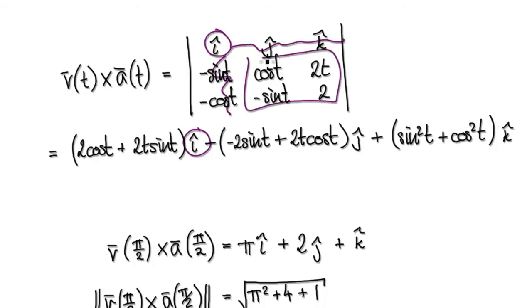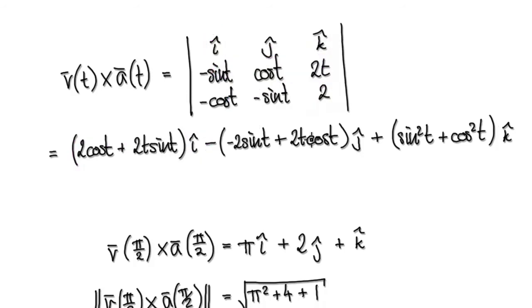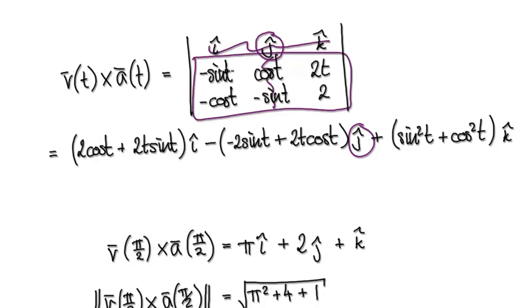Now just looking at these four, it would be this times this, and then take away this times this, but there's a negative here, so it's going to become a positive. And then the j, so looking at the j, discard, and then just looking at these four, it would be this times this, take away this times this, but then there's a negative here, so it becomes a positive.